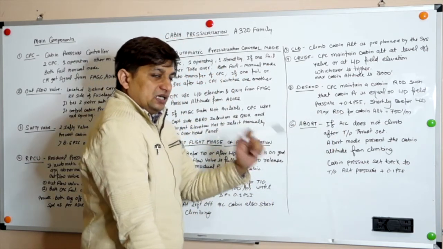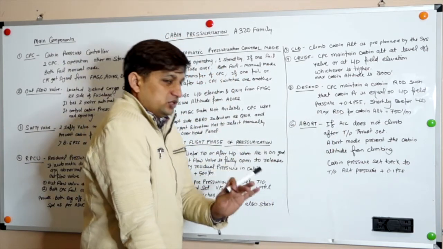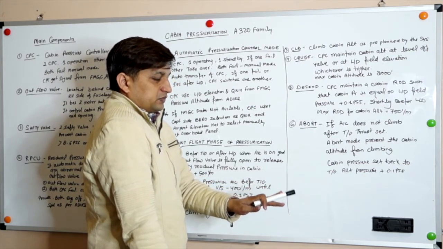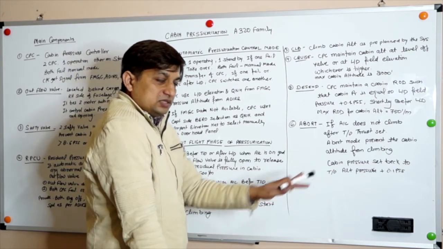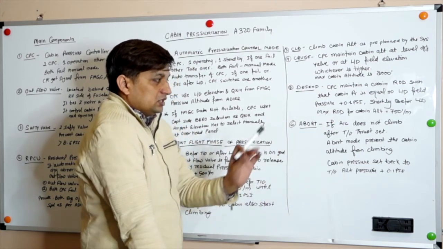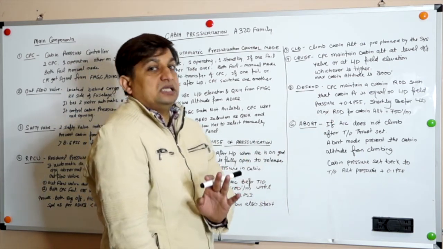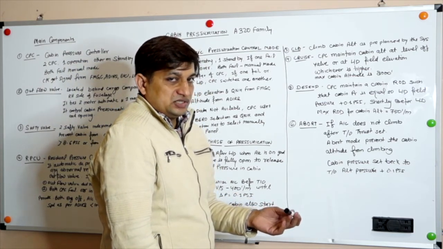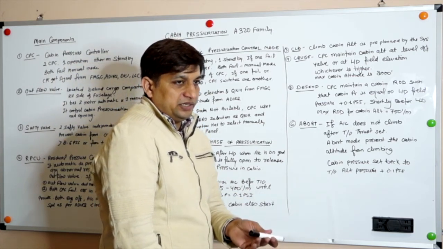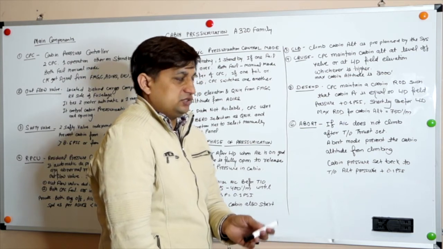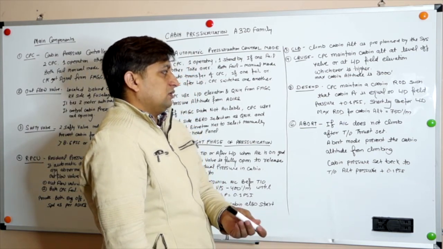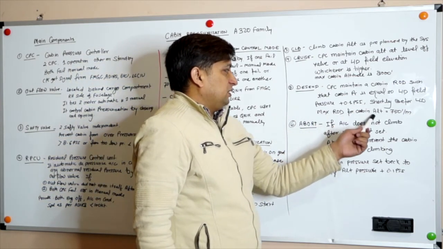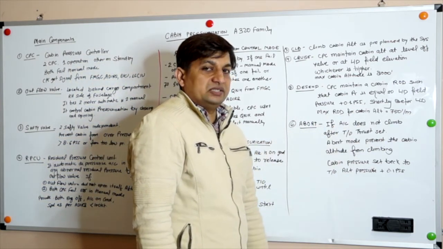Just before landing, the cabin pressure should be equal to the airport field pressure plus 0.1 psi. Only a 0.1 psi difference should be there between the cabin pressurization and the landing airport pressure. And the max rate of descent for the cabin altitude is 750 feet per minute.